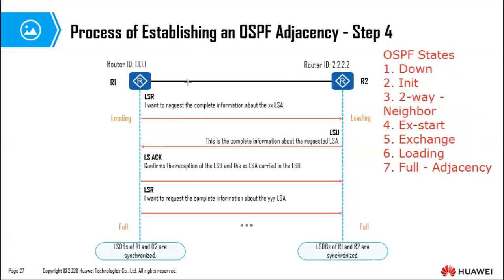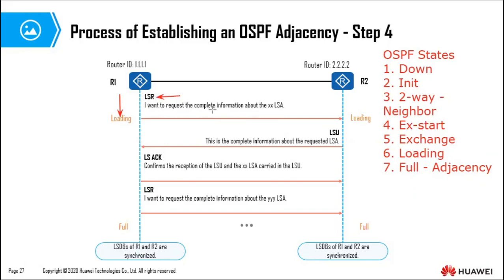Okay. After you are done with the exchange, you've shared all your summaries. Now you transit into the loading state. In the loading state, you're now sending LSRs for link states that you don't know about.